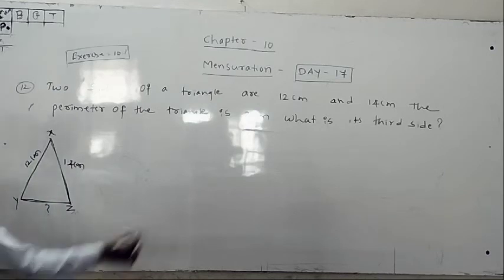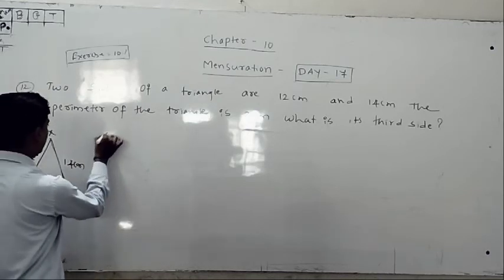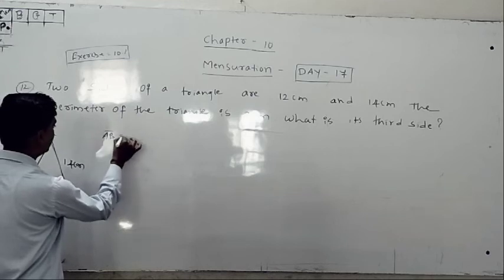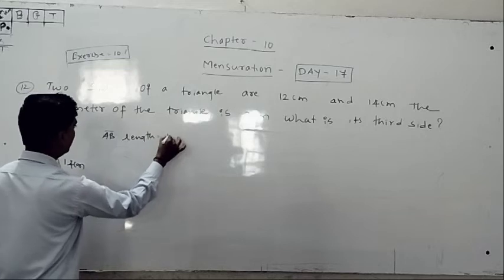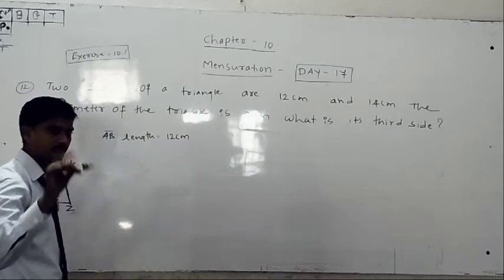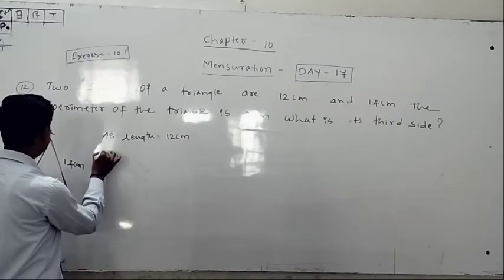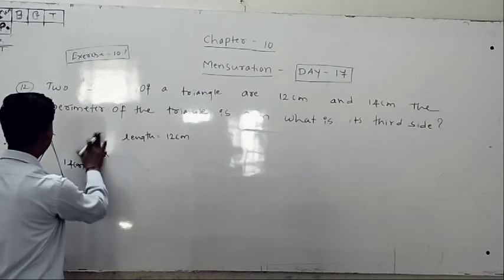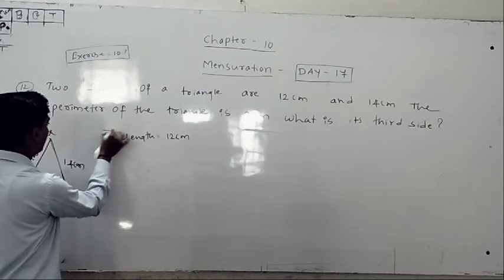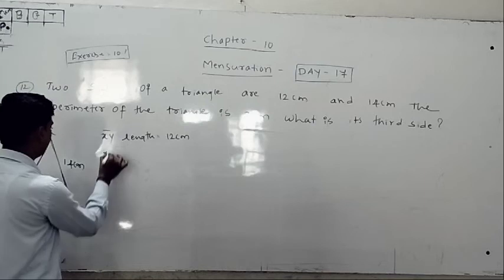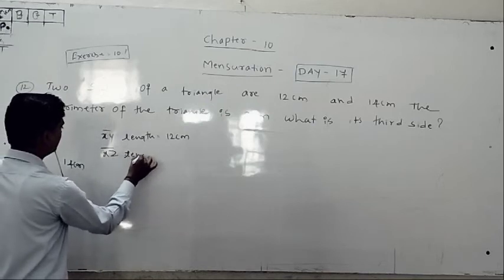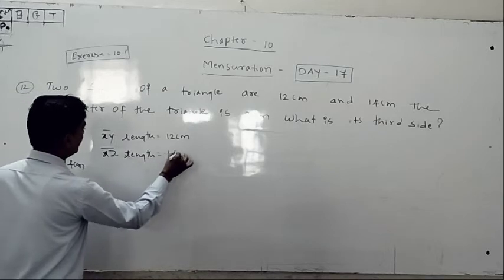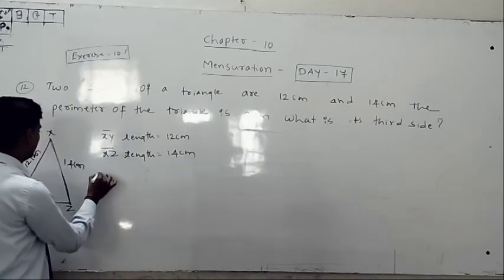Understand? First you should write: XY length is equal to 12 cm. XZ length is equal to 14 cm.